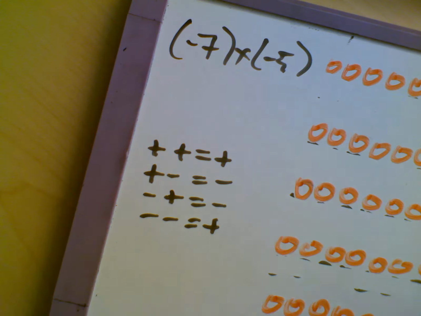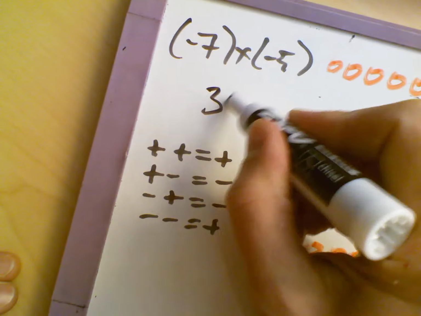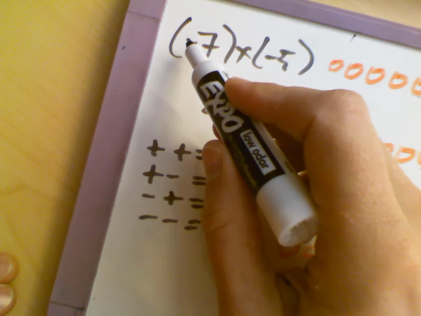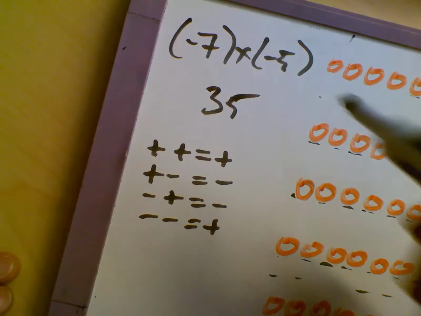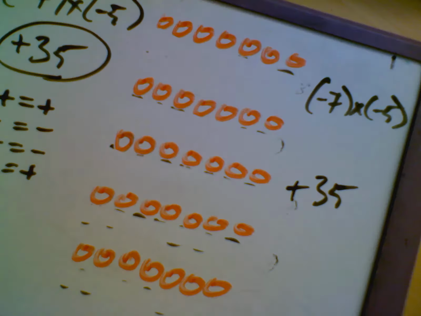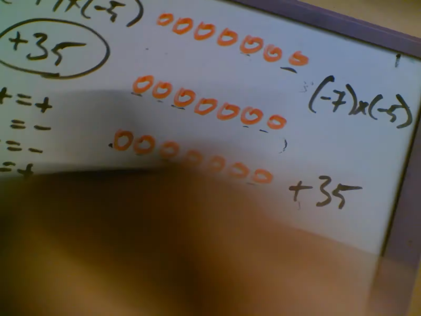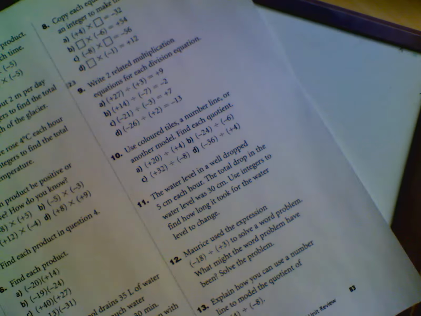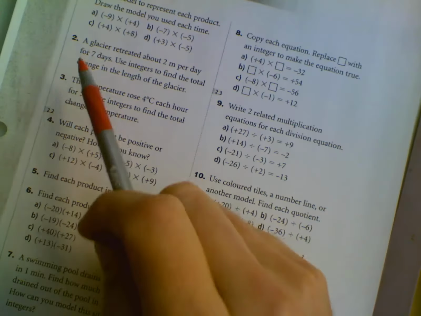So all I have to think is 7 times 5 is 35, and minus a negative is the opposite of the negative, so we end up with positive. Now this is a very complicated model. I know it is a complicated one. It's a little difficult to understand. Please feel free to come in for extra help. I love giving extra help in math, and I have no problem doing it.